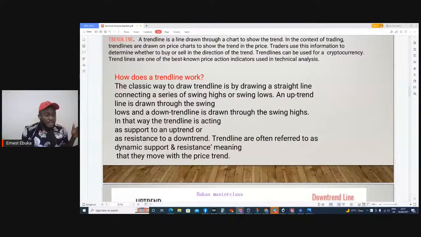When you draw an accurate trend line, that will help you so well to know the direction the market is going. Another good thing about a trend line is that if the market happens to break it, you will know where to place your trade.